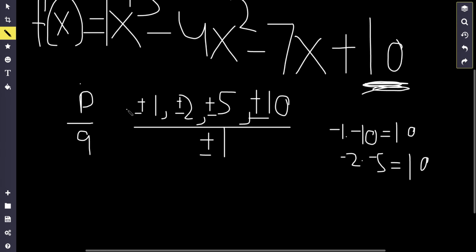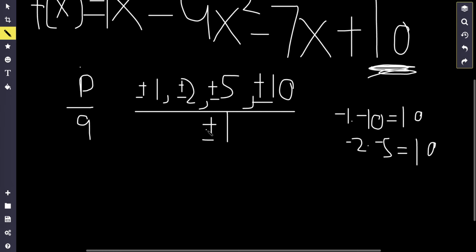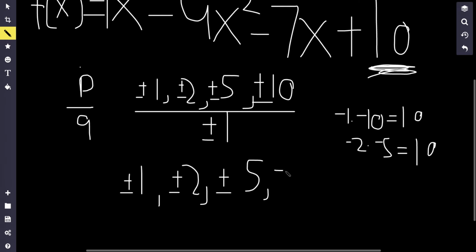So you can think about it as there's 4 cases to this problem, right? If you have plus or minus 1 divided by plus or minus 1, that's just going to give you plus or minus 1. If you have plus or minus 2 divided by plus or minus 1, you're just going to get plus or minus 2. Same thing with plus or minus 5, and the same thing with plus or minus 10.